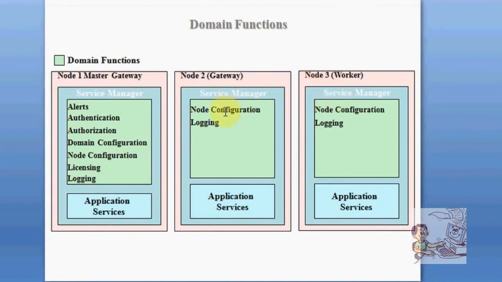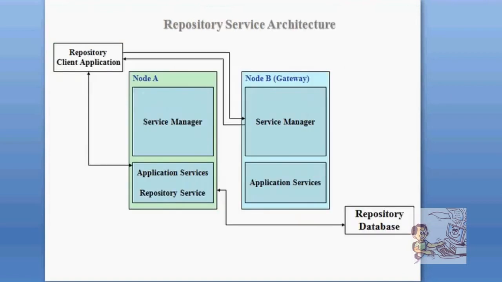The worker node and gateway node contain the same properties: node configuration, logging, and application services. But the master gateway contains all alerts, authentication, authorization, domain configuration, node configuration, licensing, and logging, because this is the entry point to the domain.